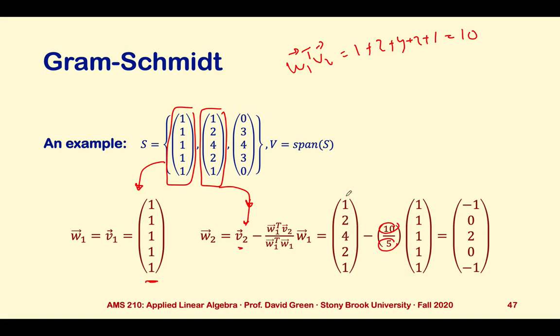So we take 1, 2, 4, 2, 1, or V2, and subtract from that 2 times 1, 1, 1, 1, 1. 1 minus 2 is negative 1, 2 minus 2 is 0, 4 minus 2 is 2, and 2 minus 2 is 0, 1 minus 2 is negative 1.